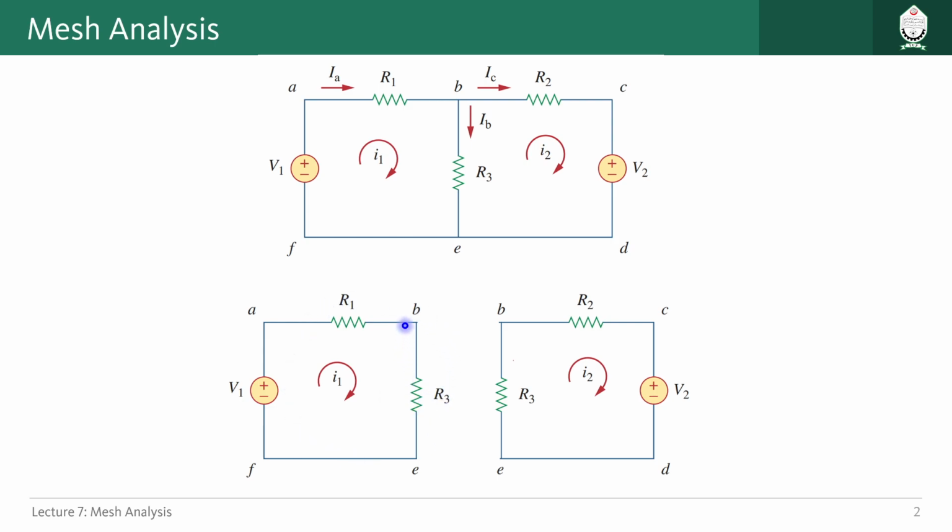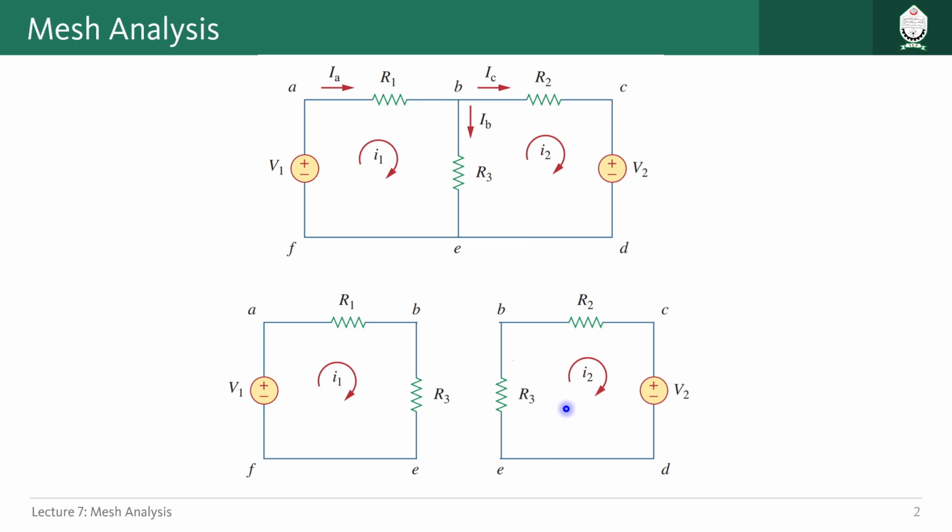So we have one portion of the circuit with only mesh 1 and this one with mesh 2, so that mesh 2 is not interfering with mesh 1. It is not contributing to the voltages or current for mesh 1, and same goes for mesh 2 also. So in that case, whatever current is flowing through this mesh can be called the mesh current for mesh 1, and same goes for mesh 2.